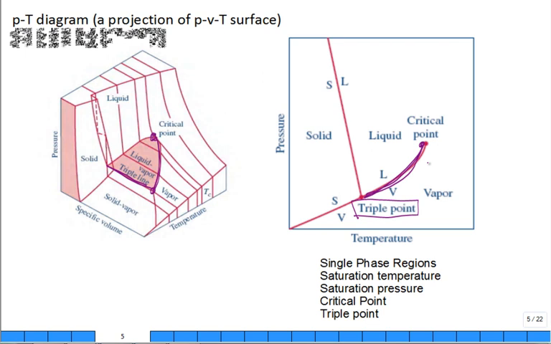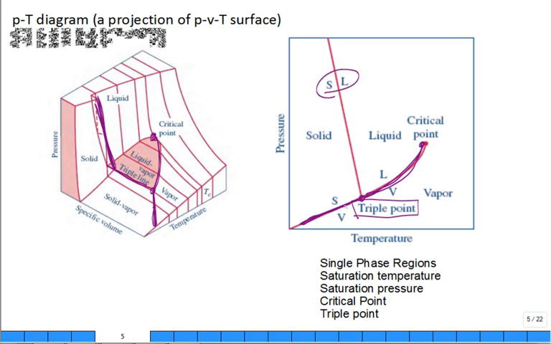Okay. What about going from the triple point to lower temperature, lower pressure? That's this surface right in here, this solid-vapor. This is two-phase solid-vapor in equilibrium. And then going up right through here, that would be the solid-liquid in equilibrium.